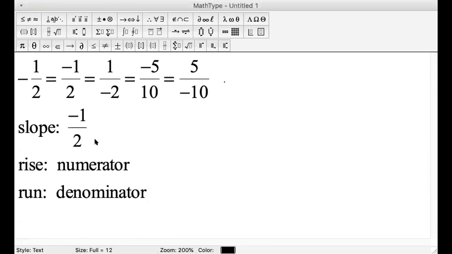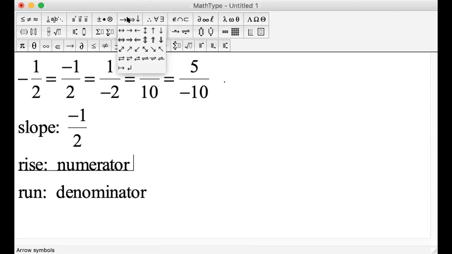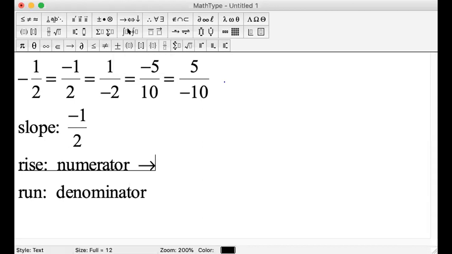Using the second representation of -1/2, we can use the formula that says that the rise is always going to be the numerator and the run is going to be the denominator. In our case, the rise is going to be -1, and the run is going to be 2.